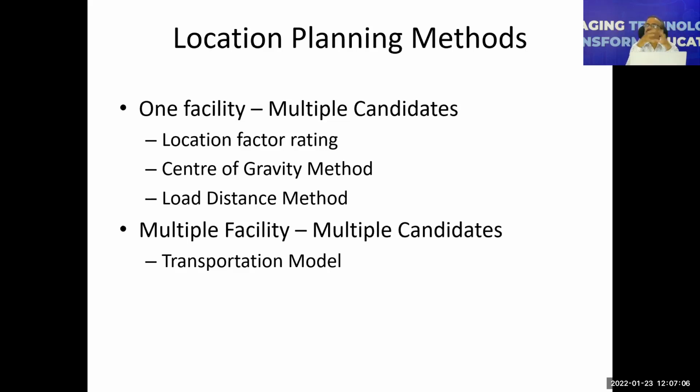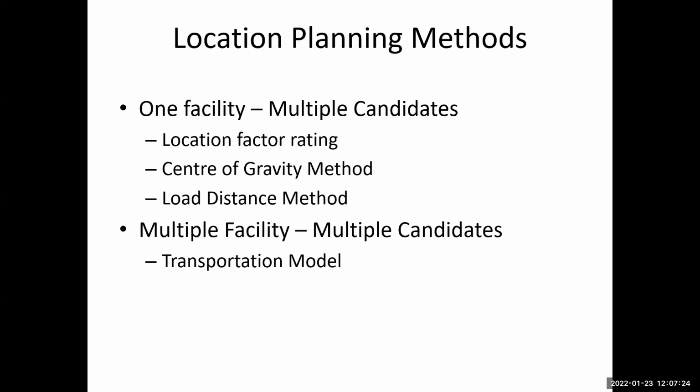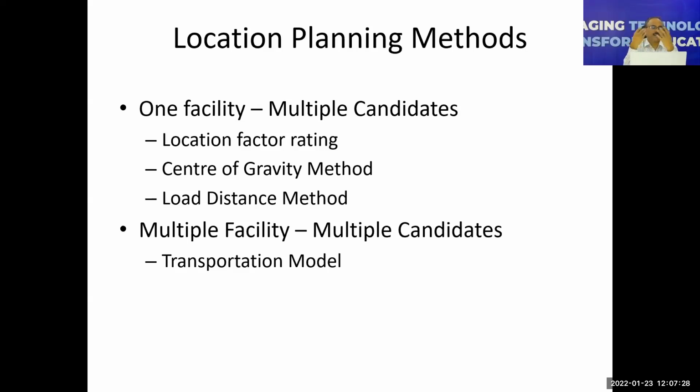For example, let's say we have a number of warehouses, and there is a requirement to set up a factory which will supply materials to the number of warehouses. So in that case, it's a situation of one facility, a plant or factory, which will produce the material, and based on the products, it will be delivered to the multiple warehouses.